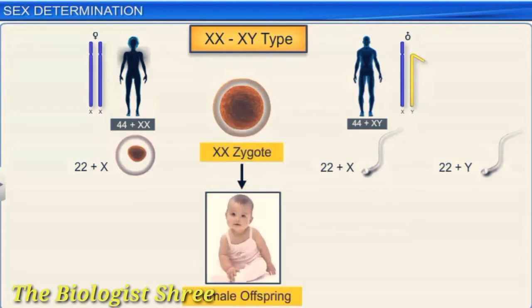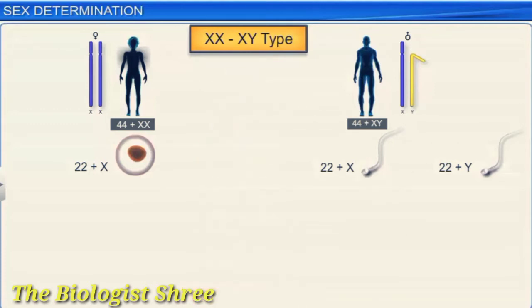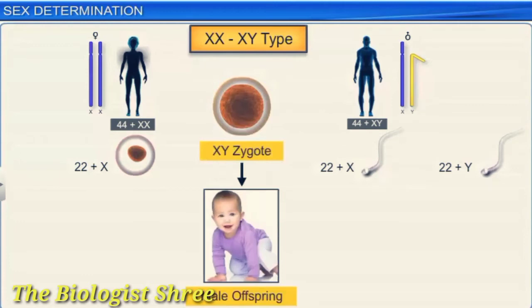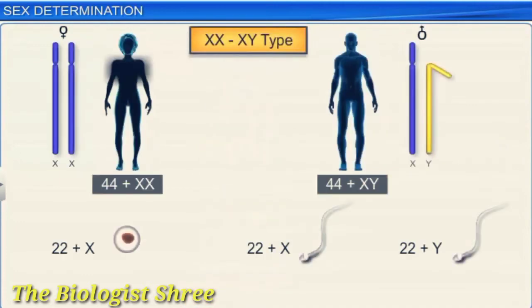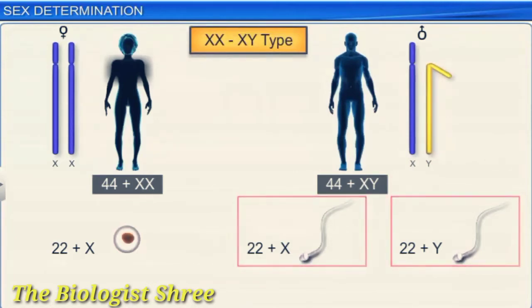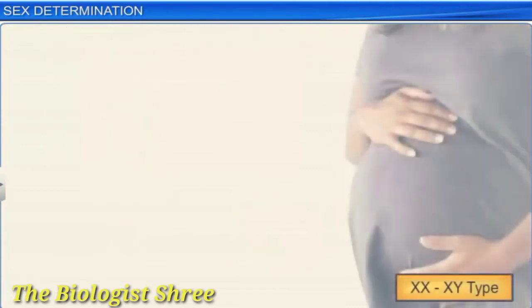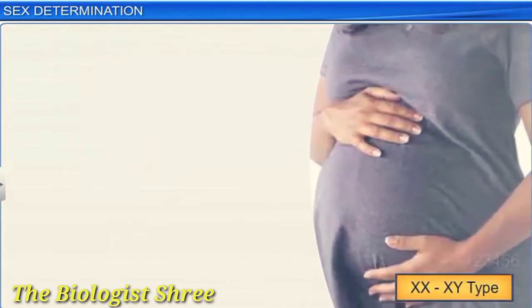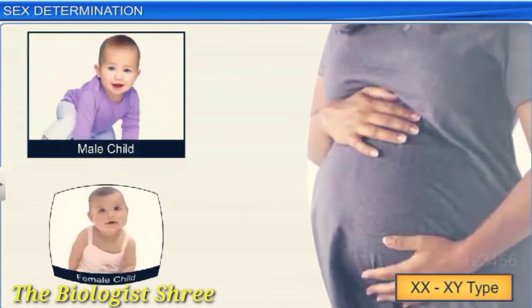On the other hand, when an ovum carrying the X chromosome unites with a sperm carrying the Y chromosome, the resultant XY zygote develops into a male offspring. Therefore, it is obvious that the sex of the offspring is determined by the genetic makeup of the sperm. Moreover, it is quite evident that the probability of a pregnant woman delivering either a male or a female offspring is always 50%.